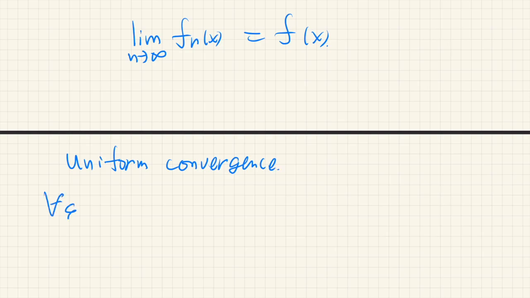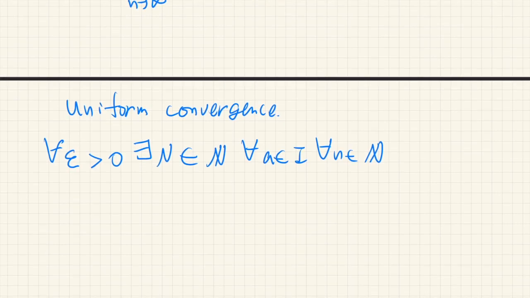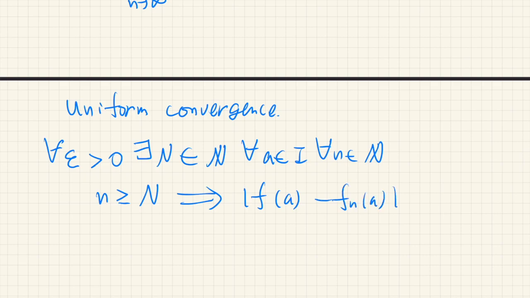So for all epsilon that is positive, there exists a natural number, capital N, such that for all A in the interval and for all natural numbers lowercase n, if lowercase n is greater than or equal to uppercase N, then the difference between f of A and fn of A is less than epsilon.